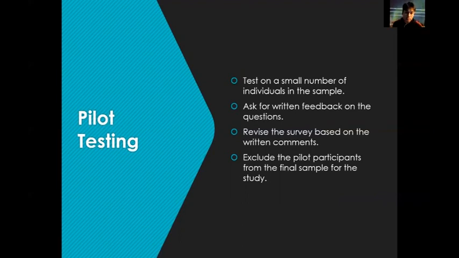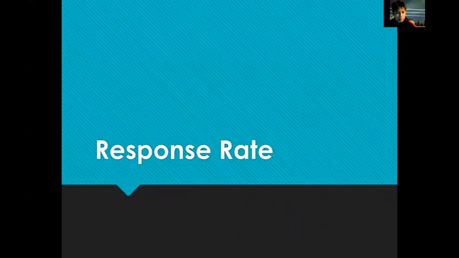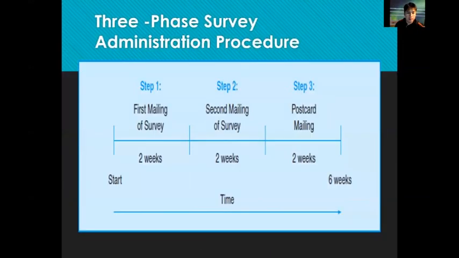So we ask those who are answering our questionnaire for their feedback about the instrument. Revise the survey based on the written comments and exclude the pilot participants from the final sample for the study.